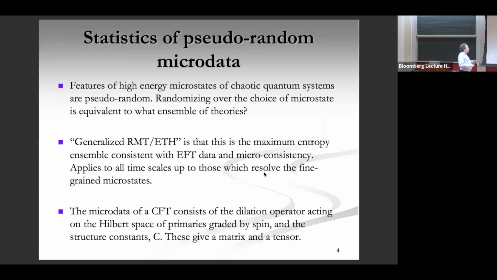Now, another slightly different motivation, but you'll see how this connects to the first slide in a second, is that when we have quantum chaotic theories, the features of the high energy microstates look pseudo-random. So the earliest example is random matrix theory, right?